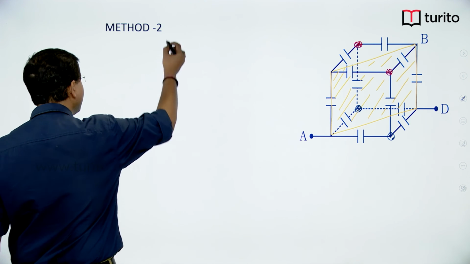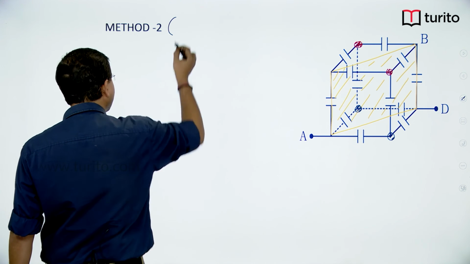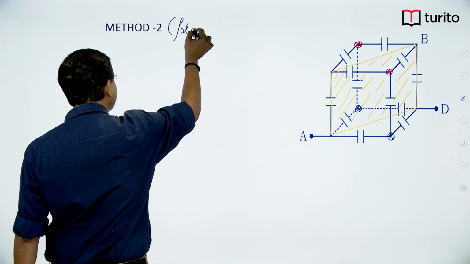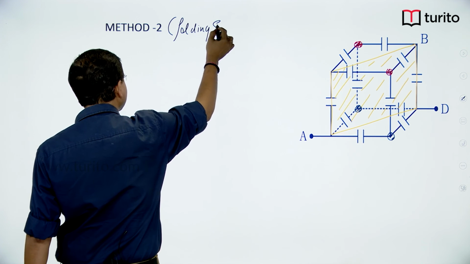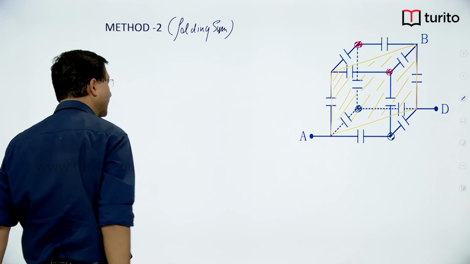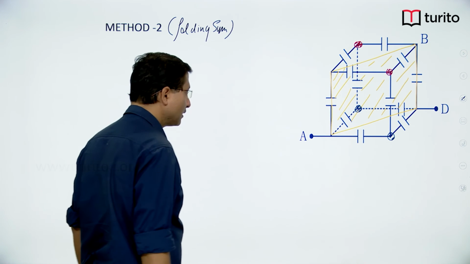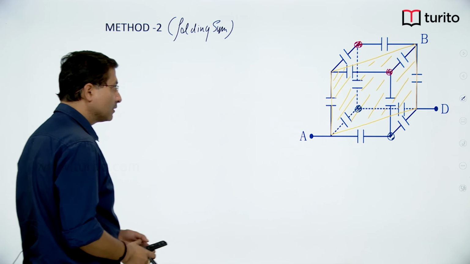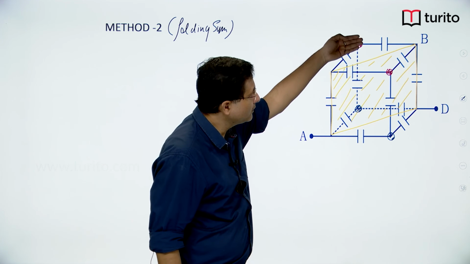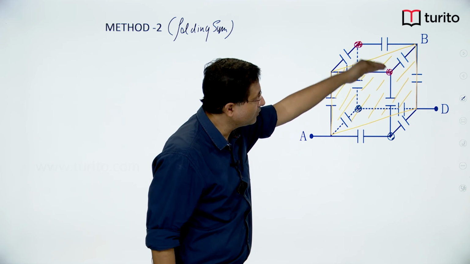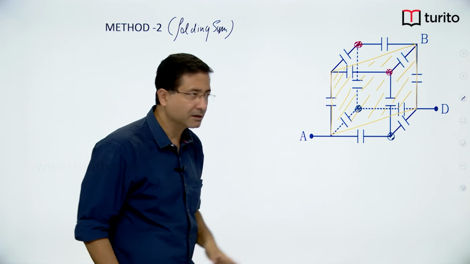So, we saw folding symmetry about this plane, and whatever voltage we are getting here, the same voltage will be here. These two can be represented by a single point.